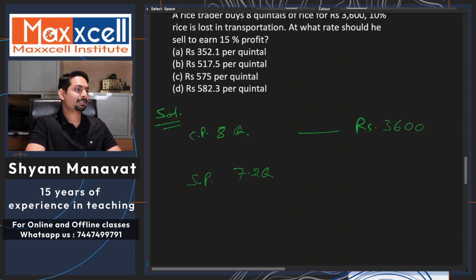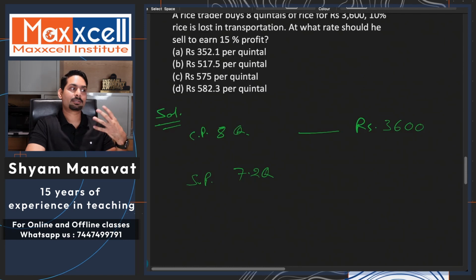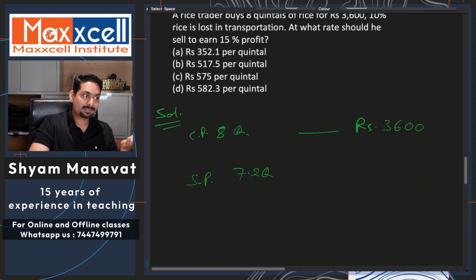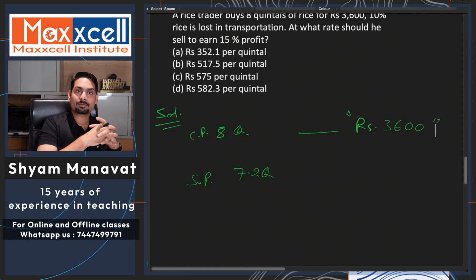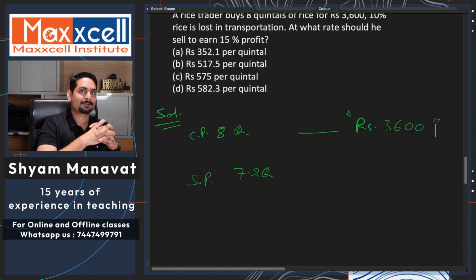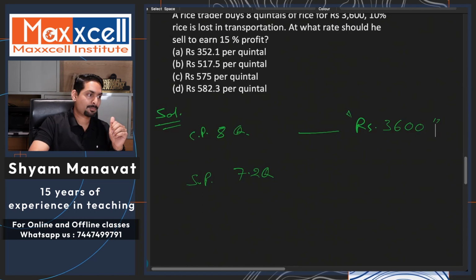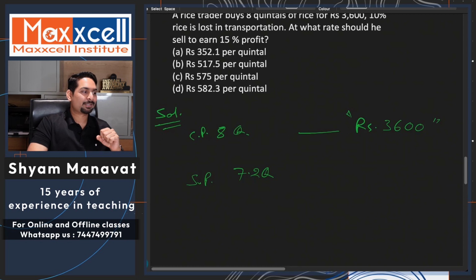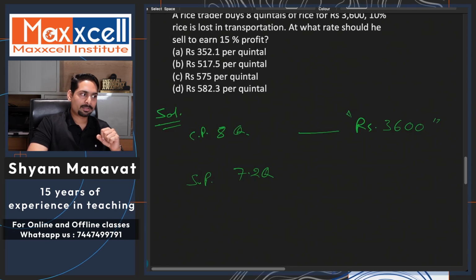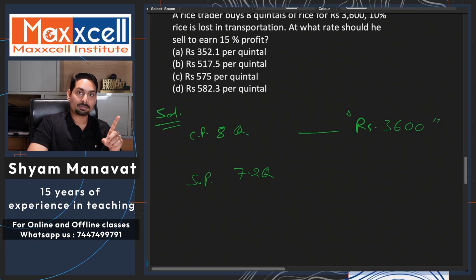At what rate should he sell so that he still earns 15% profit? Now this 15% profit he should earn overall, despite the loss of 10% of the rice in the transportation. So in this case, we don't have to make the quantity of purchase and quantity of sale equal. Why?